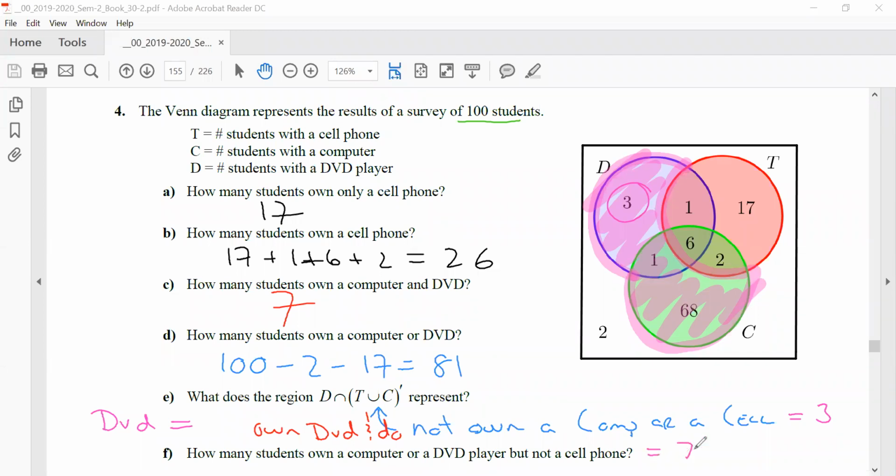That sounds like 72 to me. Okay. So computer or DVD, but not a cell phone. Should be 72. Okay, not too bad. I think the trickiest question there was E. That notation's ugly.